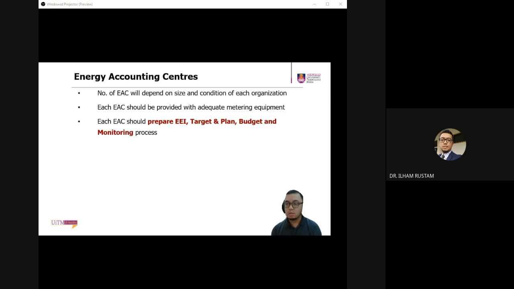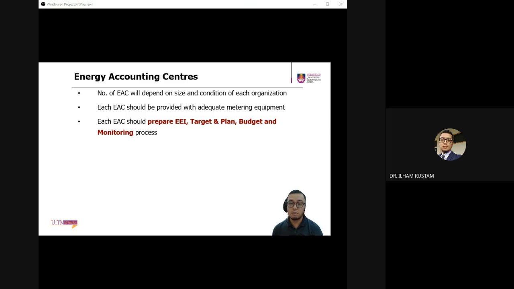Okay, so that means you need to have budget. In order for you to effectively conduct an energy management system in your organization, you need to have budget. Ini nak tak nak kena ada lah. This is setting up EAC, setting up the baseline of the energy. The company has to fork out their own money.